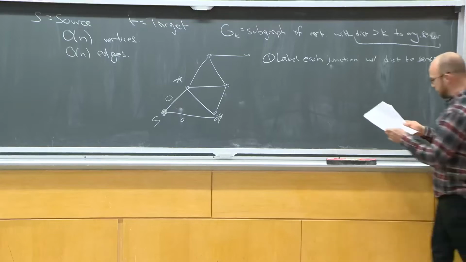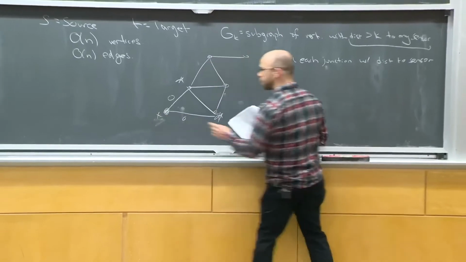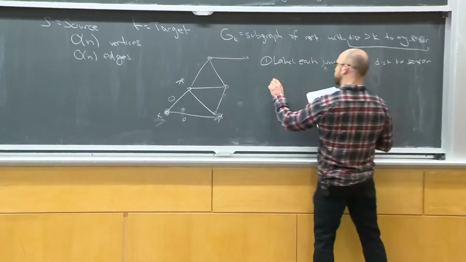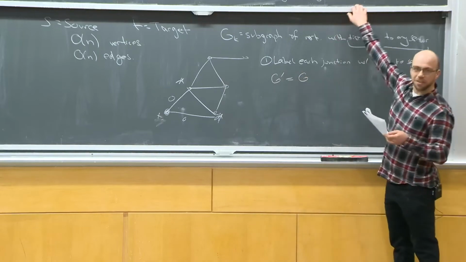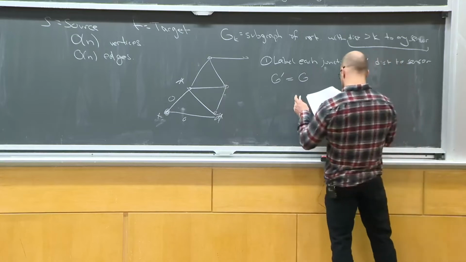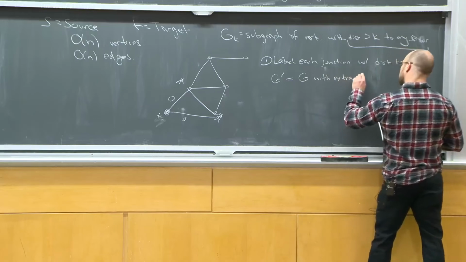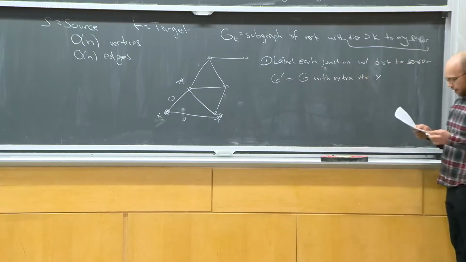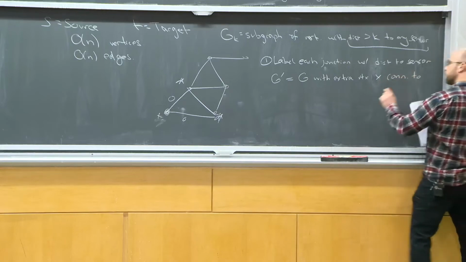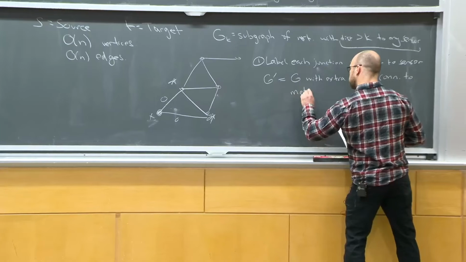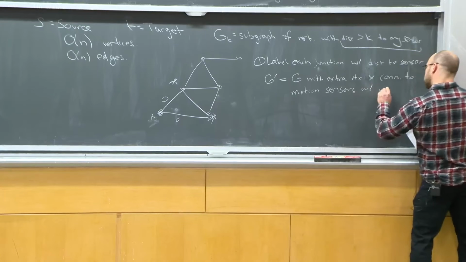The way I'm going to do that is, in the problem solution we called it X, so I'll be consistent, I'm going to make a new graph G prime, equal to my original graph G from the pipe network, with one extra vertex, which we're going to call X, connected to every motion sensor with weight 0.